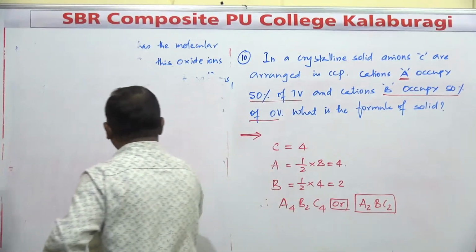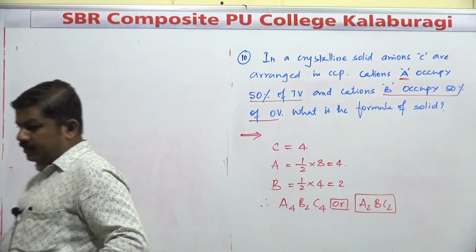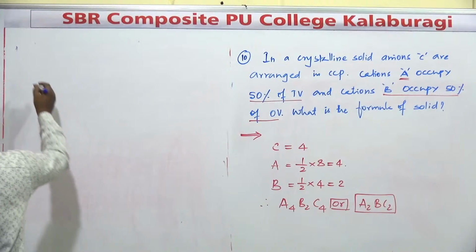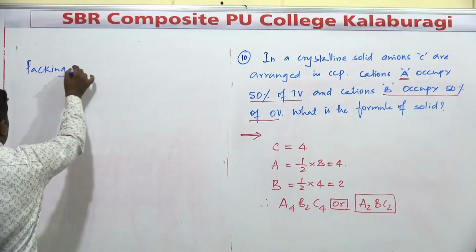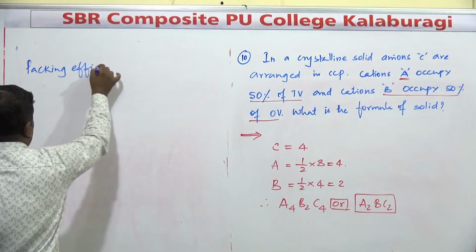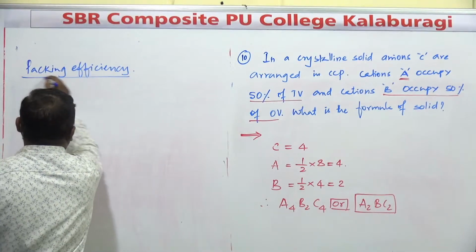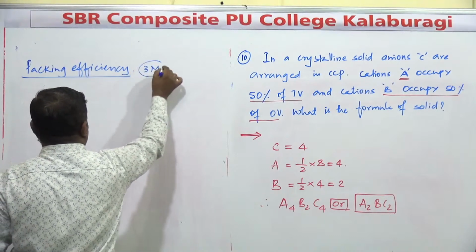next one we have to go with another very important concept, a simple introduction about which is going to be called the packing efficiency. Very important concept here. And in board examination, one question will be there compulsorily for 3 marks.